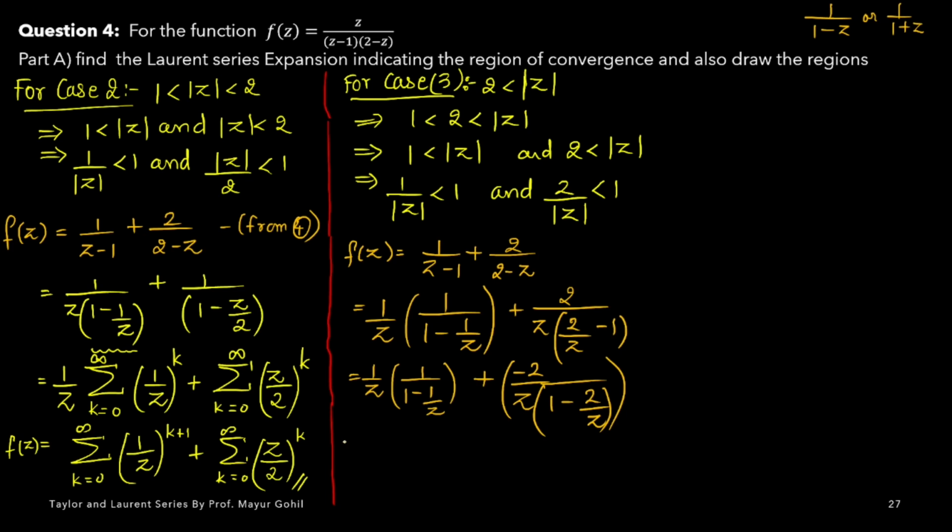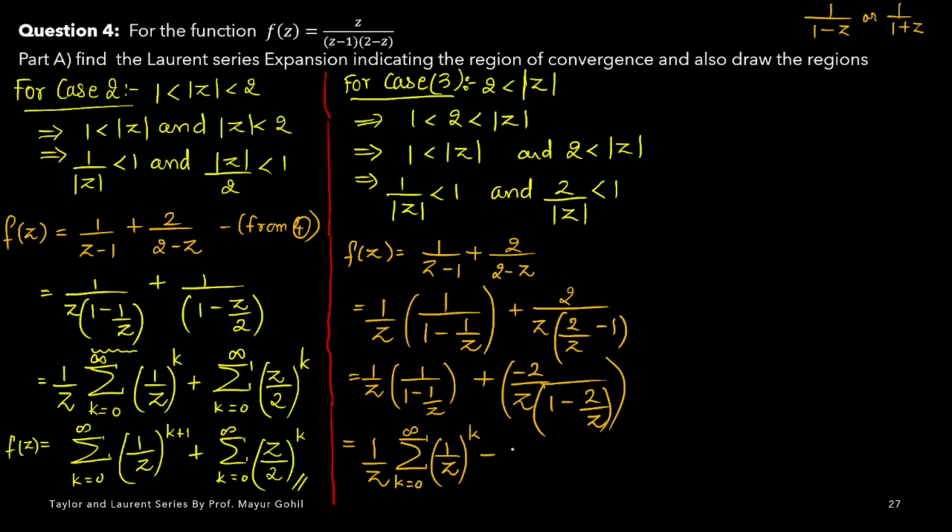So this will now get us what we want. So 1 upon z as it is, and here the expansion will work, and this will be summation of (1 upon z) whole raised to k going from 0 to infinity.